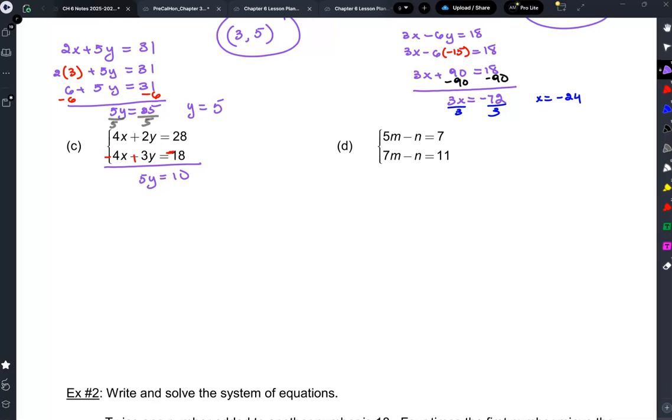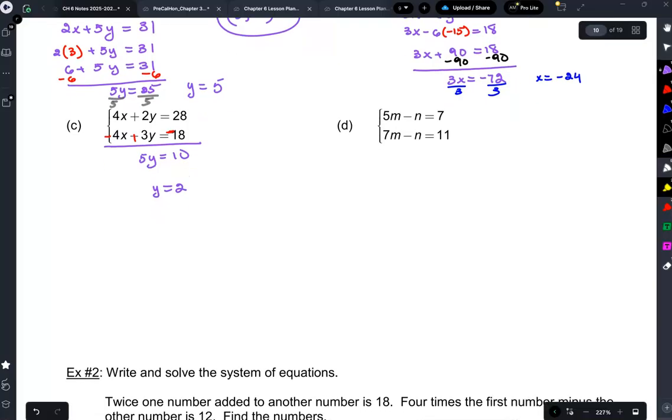Okay, so now I'm going to divide by 5. So what's y going to equal? y is equal to 2. And then, okay, so should we pick the first one or the second one? Let's pick the first one.